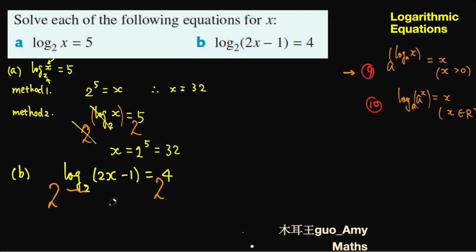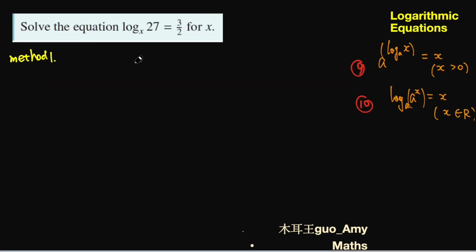On the left part, we cancel out these two opposite operations, and the result simplifies to 2x minus 1 directly, and 2 to the power 4, which is 16. Then we solve for x. It means 2x is equal to 17, adding 1 to both sides. Therefore, x is equal to 17 over 2 when we divide both sides by 2.